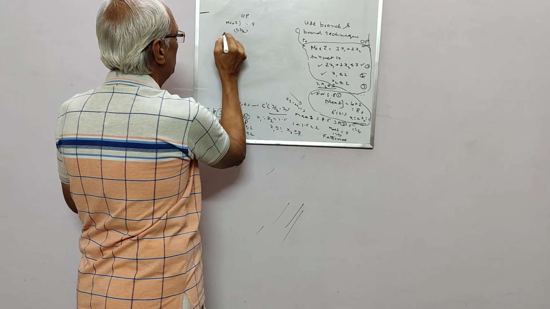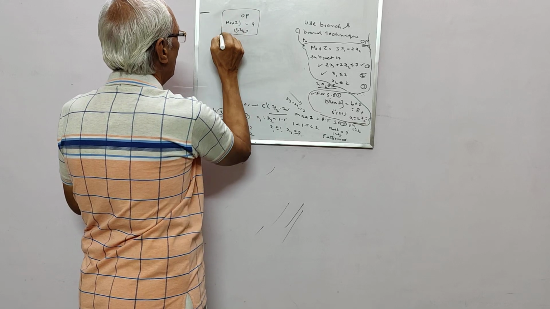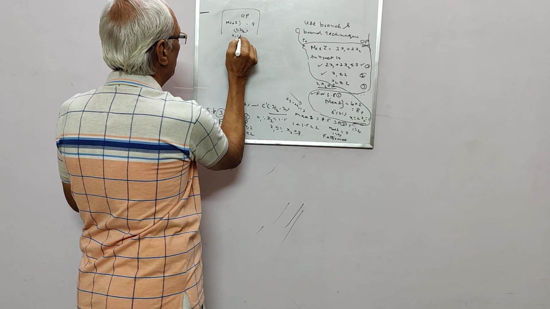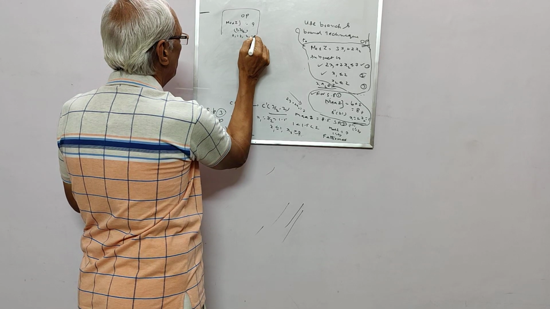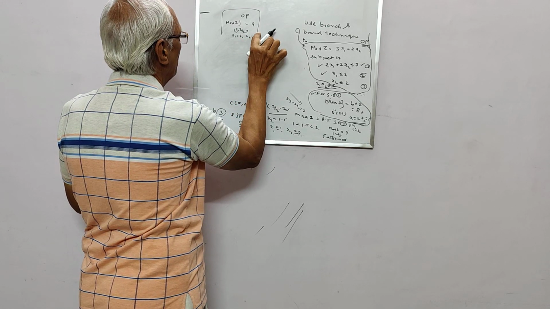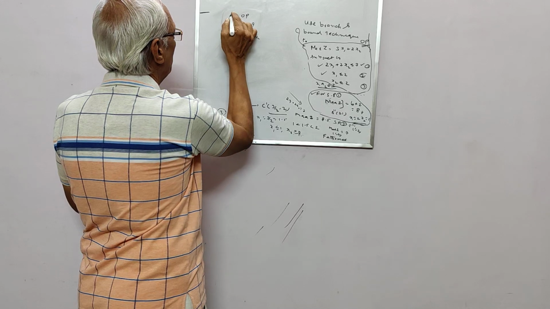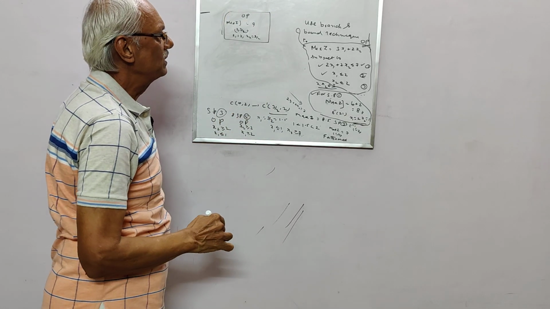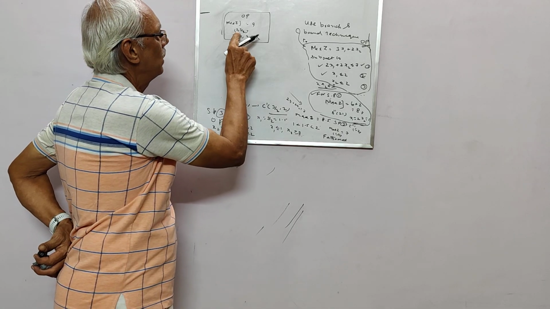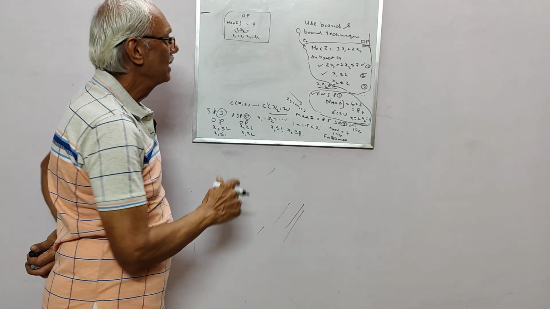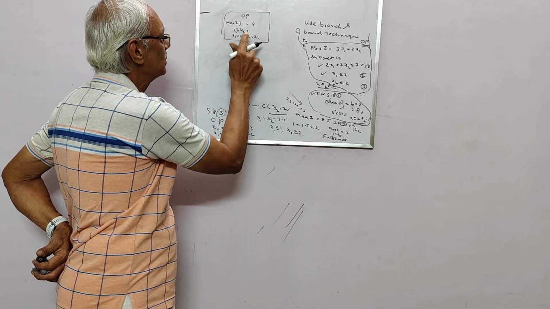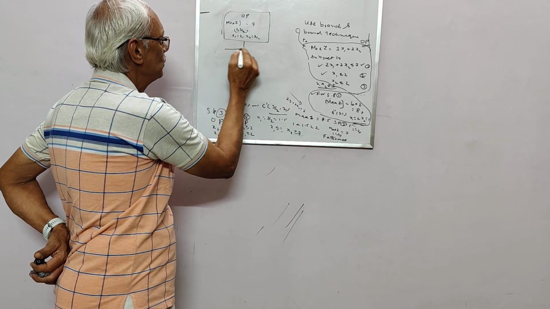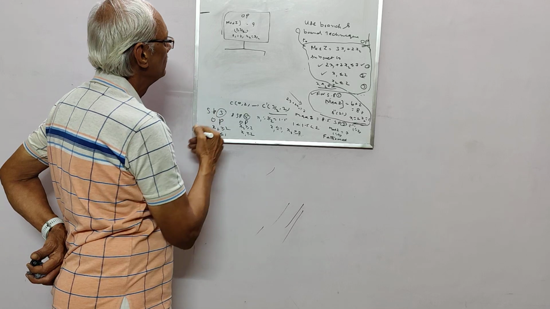So this is my problem, and (2, 3/2) was my solution. But this 3 by 2 was not an integer, so I split it into 2 sub problems.